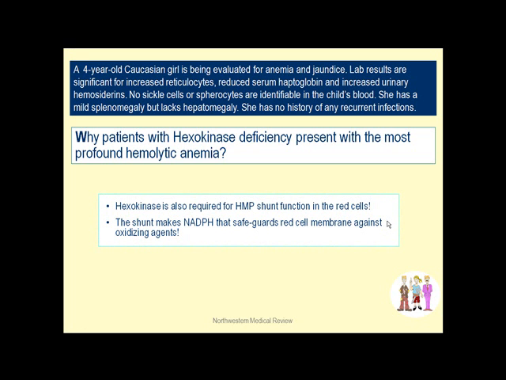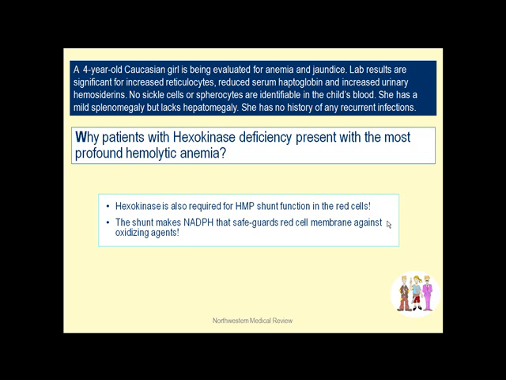Now the red cells are the only tissues in the body that can only utilize glucose. In the hexose monophosphate shunt, starting with glucose and glucose 6-phosphate, we end up making 5 carbon sugars, and also we make NADPH. NADPH is a reducing compound.